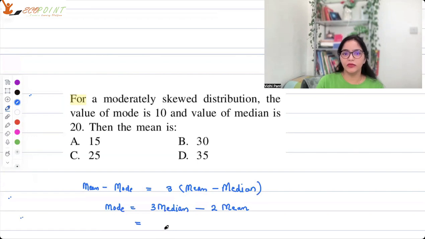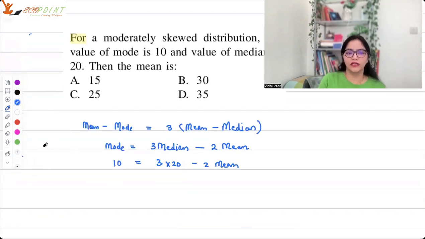Now, median is provided to us, mode is provided to us, we have to find the mean. So mode is 10, 3 times 20 minus 2 times mean. So therefore, what you will get is 2 times mean is equal to 50.